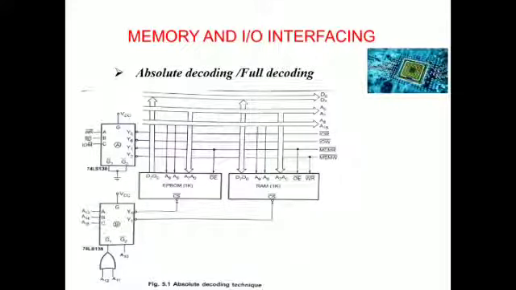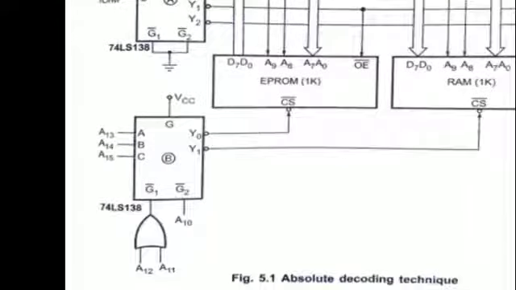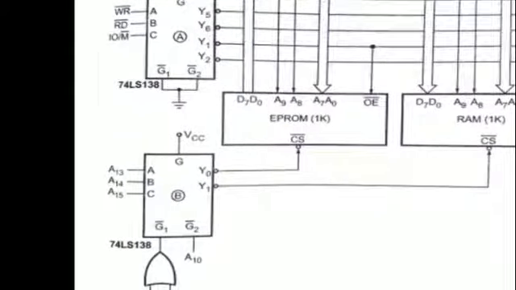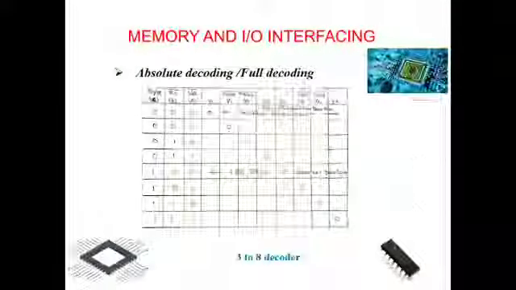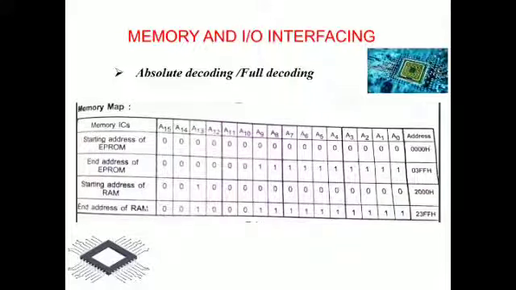We have A13, A14 and A15 here. From this we can easily understand that my truth table is framed like this: A15, A14 and A13 are 000. So the starting address location is 0000 and the ending address of the EEPROM is 3FFFH. So whenever my EEPROM is selected, A13 to A15 equals 000.